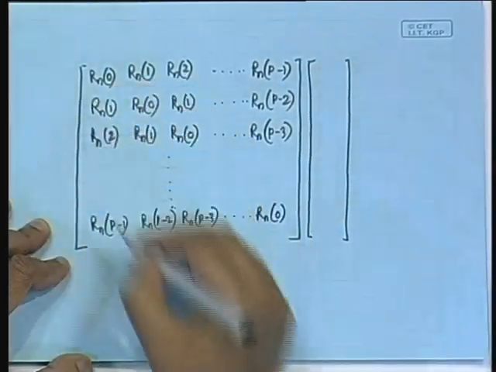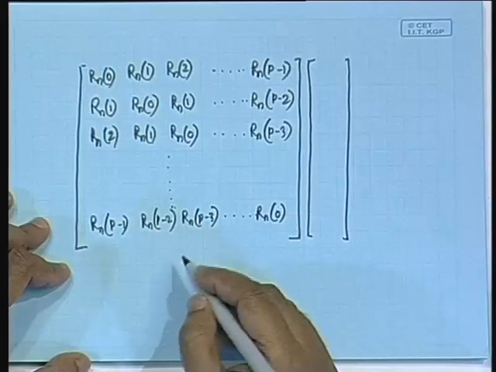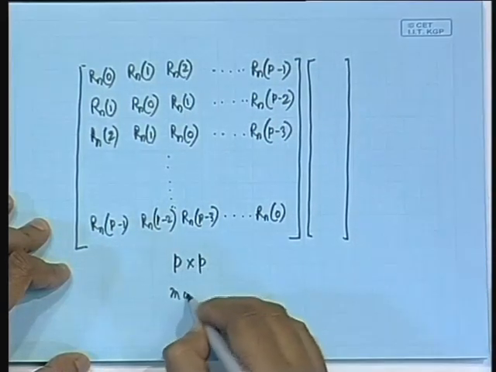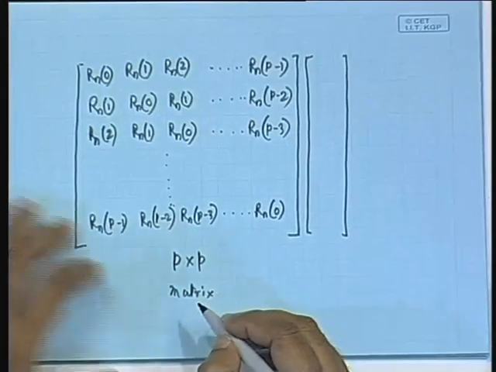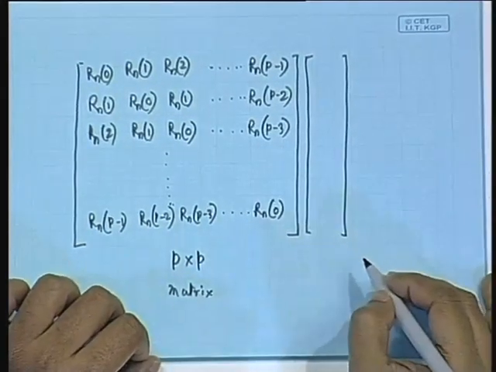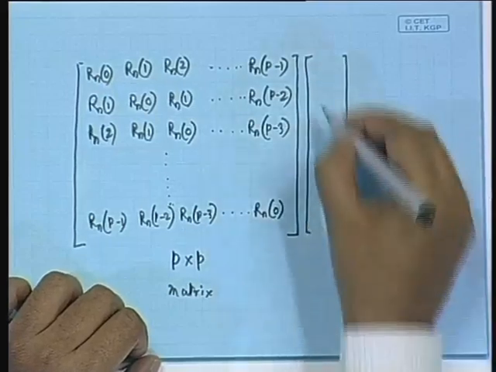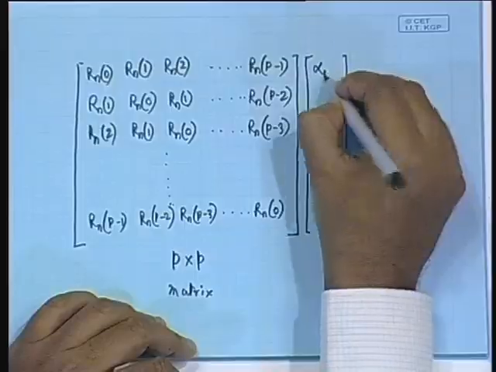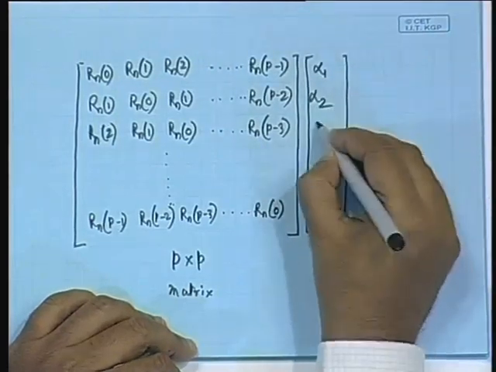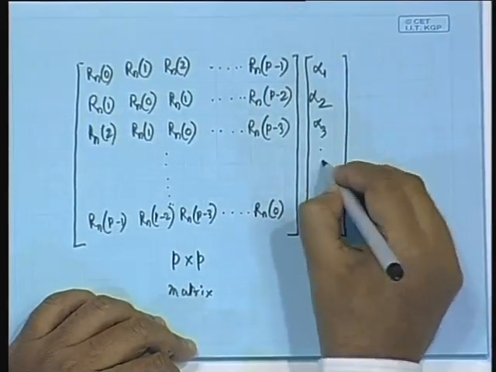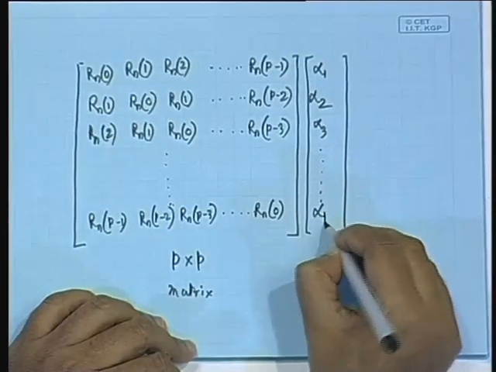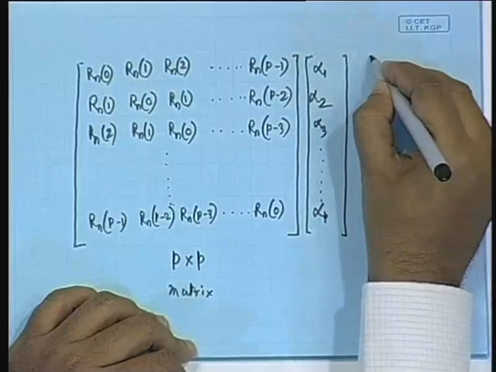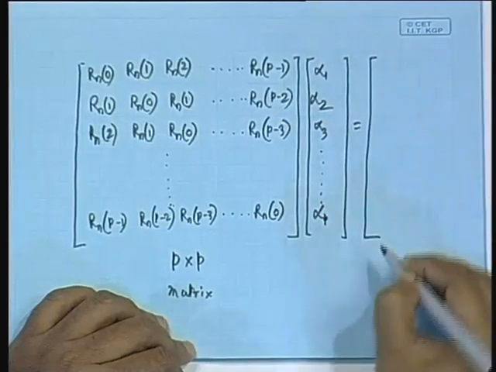This is a matrix of what size? P by P. So, this is a P by P matrix, okay, and the P by P matrix will be multiplied by a column vector. That column vector will have the elements we want. So, we want to solve for alpha 1, alpha 2, alpha 3 up to alpha p, and this is available here in the form of a column vector, and this will be equal to what?